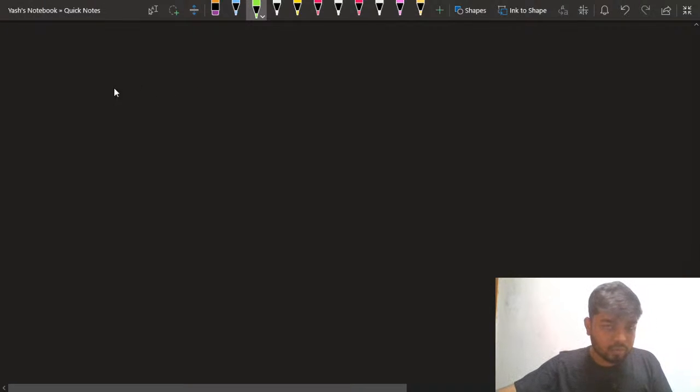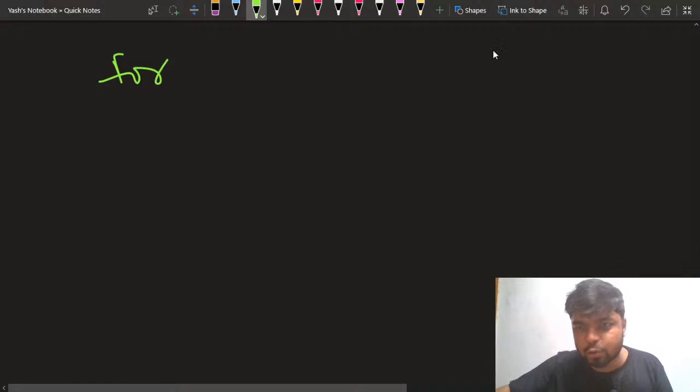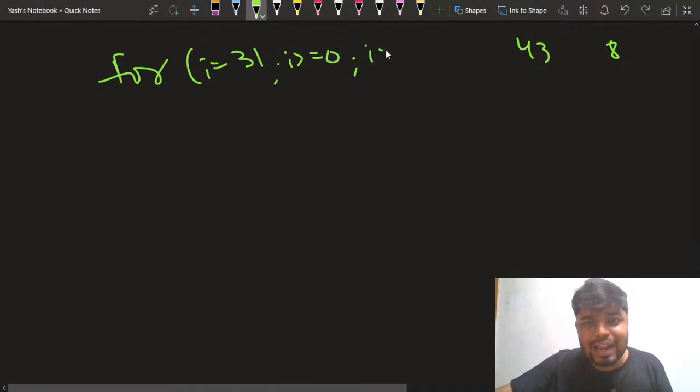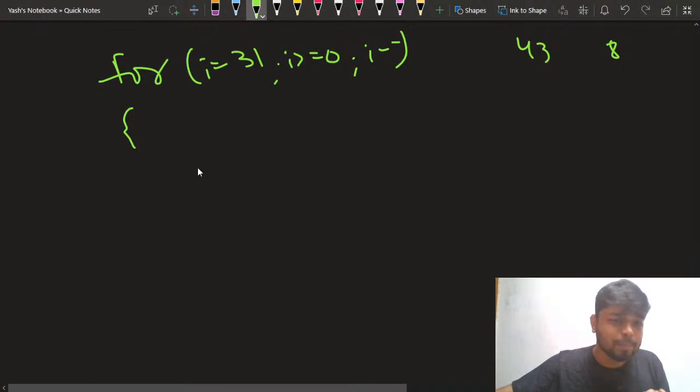Can you explain the for loop in a different slide? Let's say for the numbers 42 and 8, I start from 31 with I greater than or equal to 0, and I decrement I. After that, not all these numbers will fit, right?